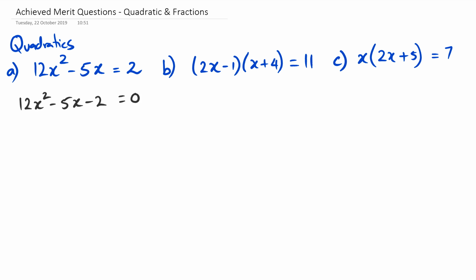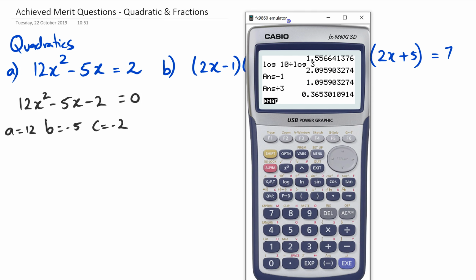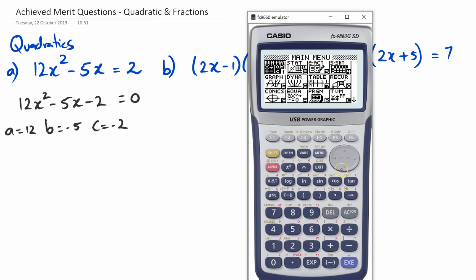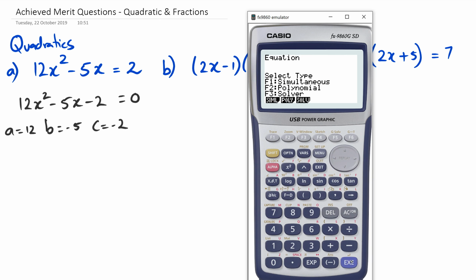And once you do that, if you have a graphics calculator, you can write down A is equal to 12, B equals minus 5, C equals minus 2, and you put it in the calculator to actually figure out what it is. So go into equation, and then go into polynomial, degree 2, and write down all those values.